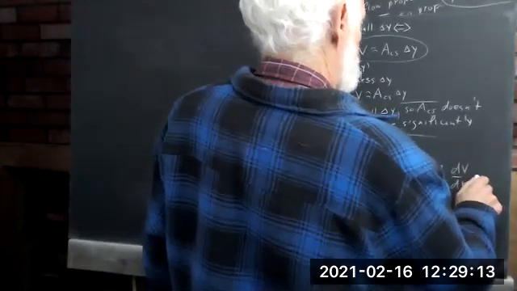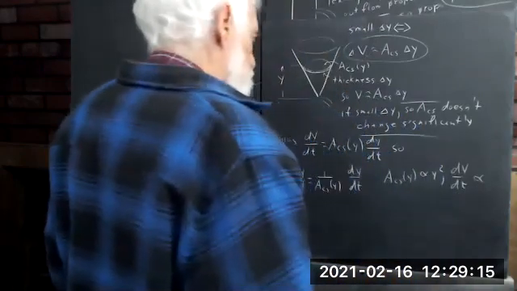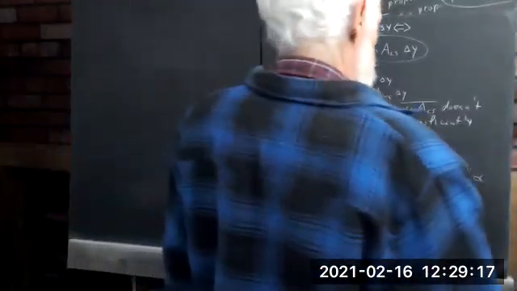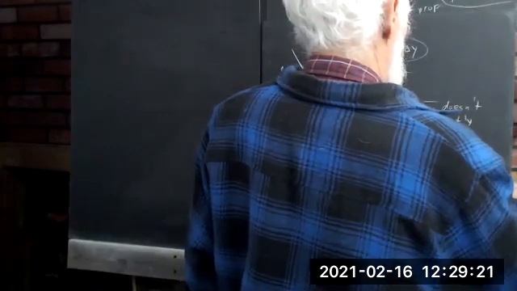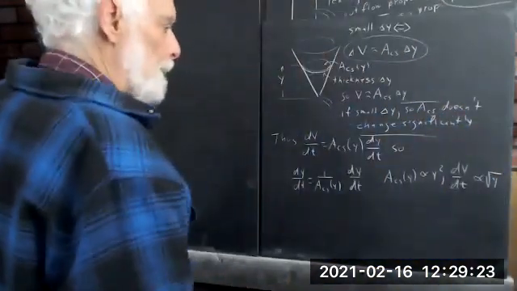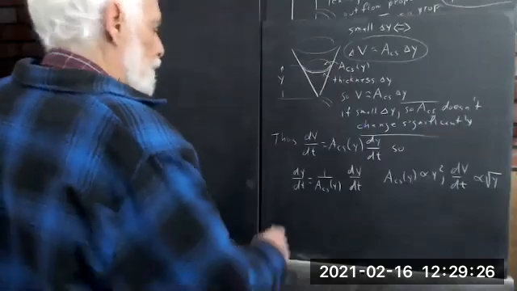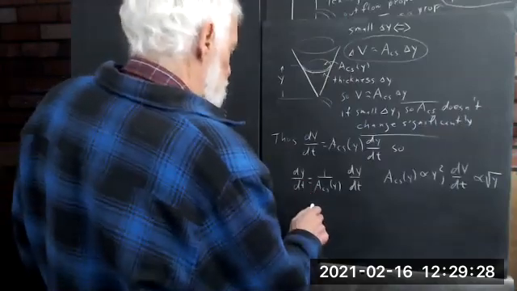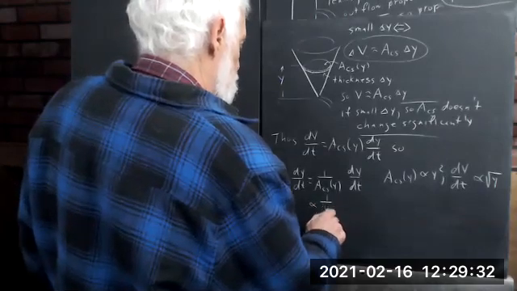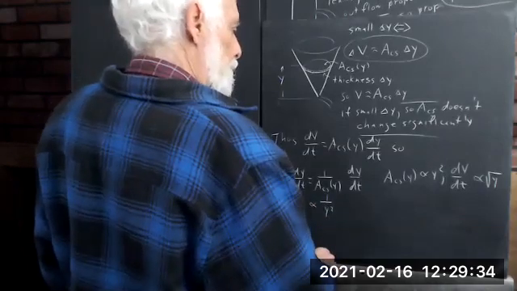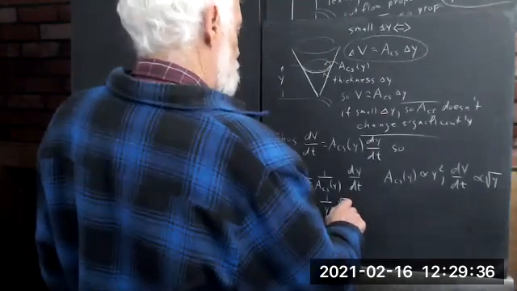And dV/dt is proportional to the square root of y, so that dy/dt is proportional to 1 over y squared times the square root of y.